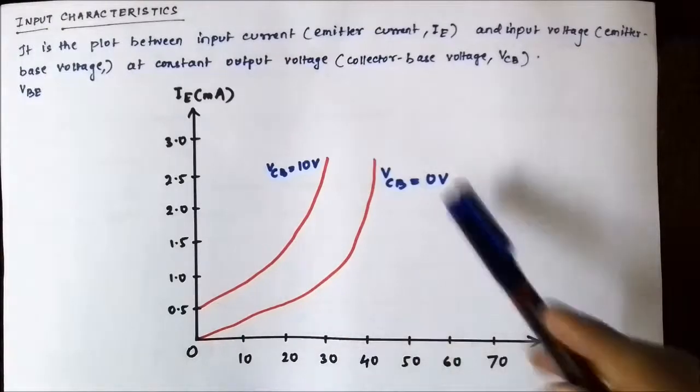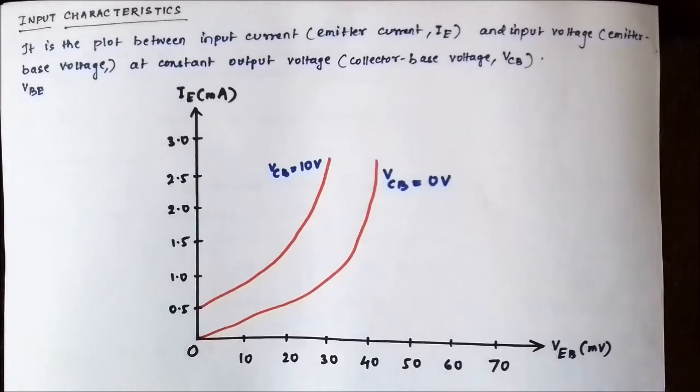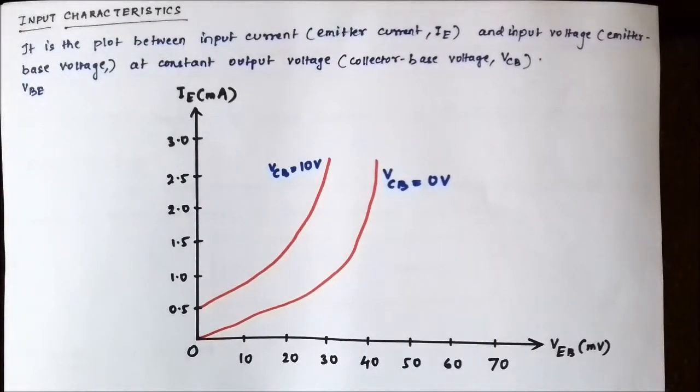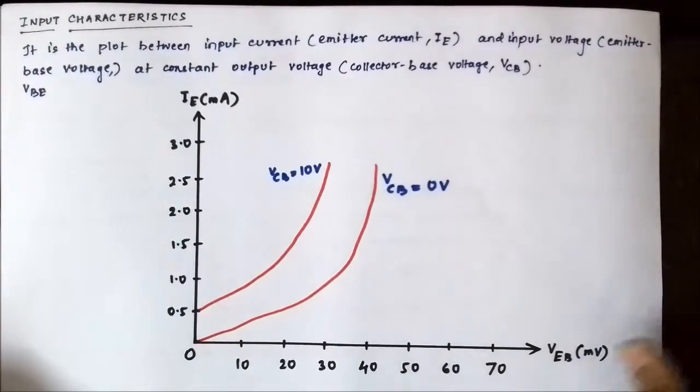So overall the emitter current increases very rapidly with respect to the emitter base voltage. Now it is an indication of very less input resistance. It means the opposition to current flow is very less. So here we find that the input resistance of the common base mode BJT is very less, which is obvious because it's forward biased, but still the input resistance of the common base mode BJT is very less.